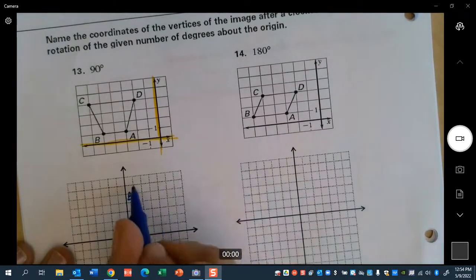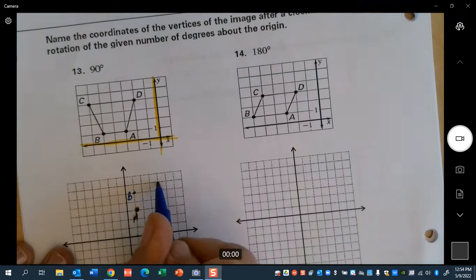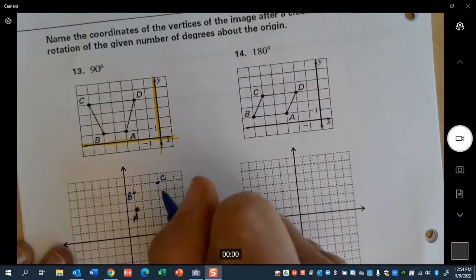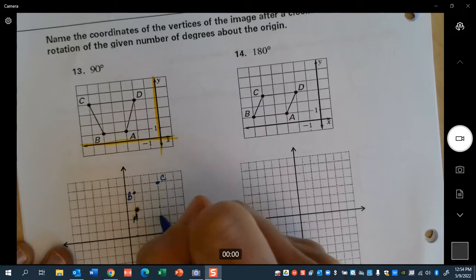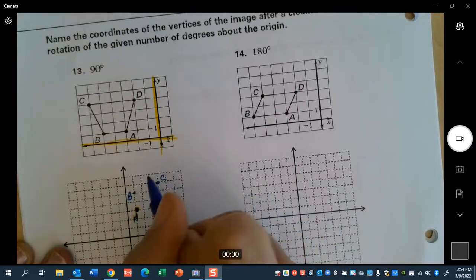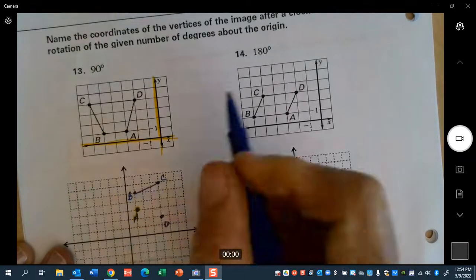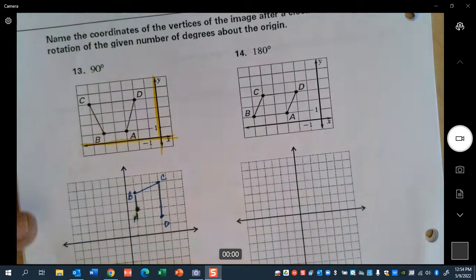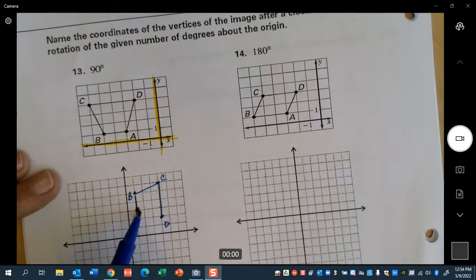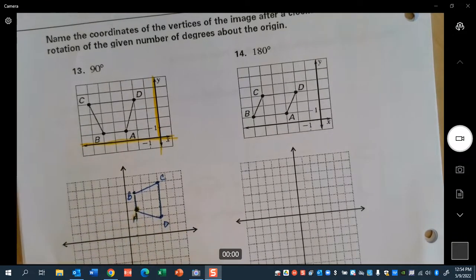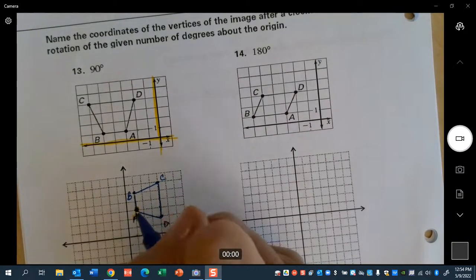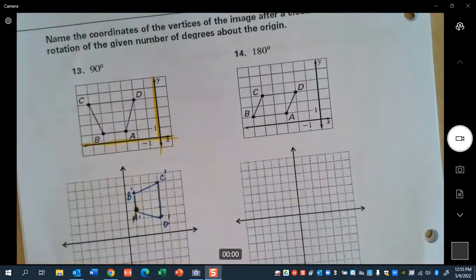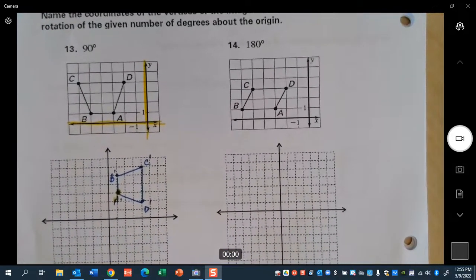C is up 1 over 1, 2, 3. Then, of course, D is 1, 2, 3, 4 down from C. So that rotation, 90 degrees around the origin clockwise, is going to result in A prime, B prime, C prime, D prime of that original shape.